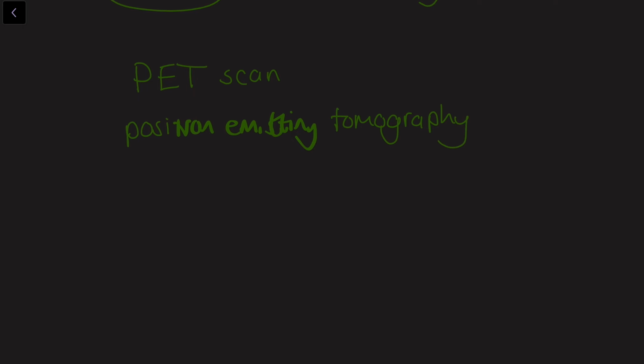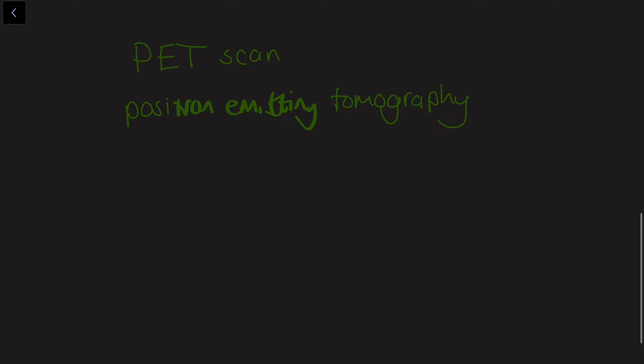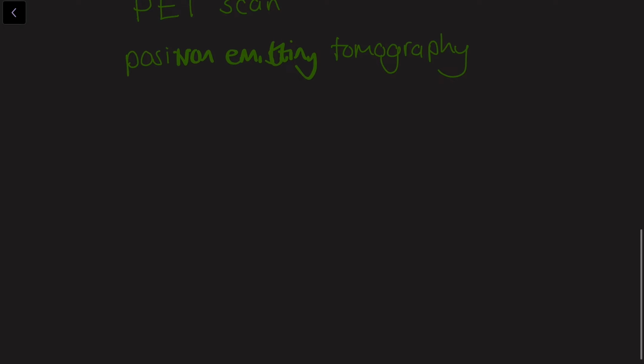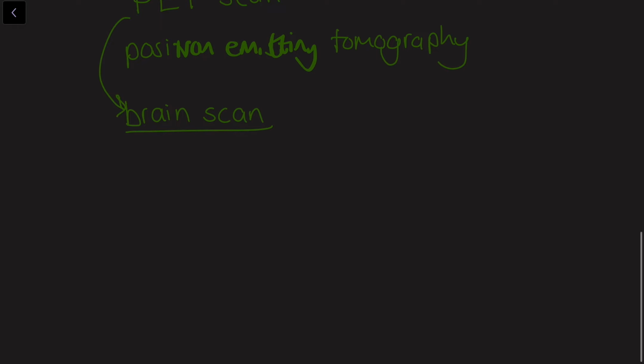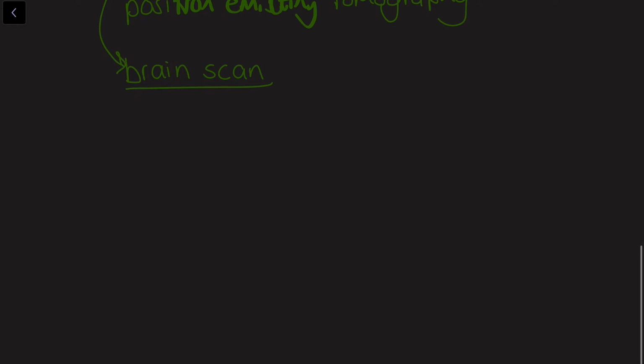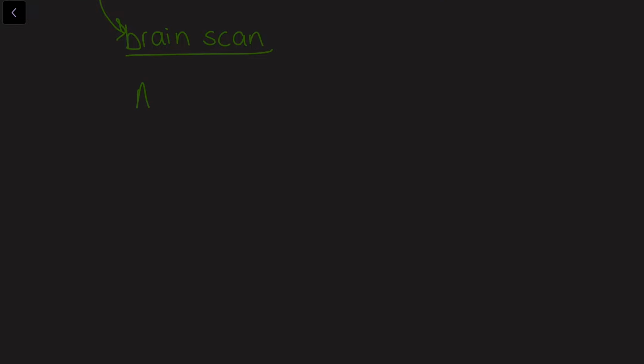And this is where the antiparticle of the electron is basically scanned, and it's used mainly for brain scans. So the important bit to know is that you can use a PET scan to scan the brain, and it uses this thing. So what actually happens is you have a substance like this, and it basically becomes this.